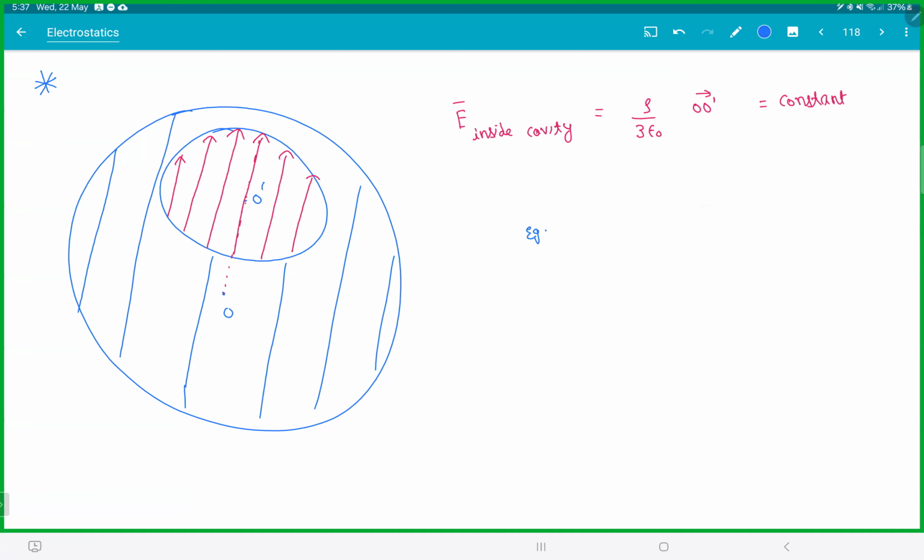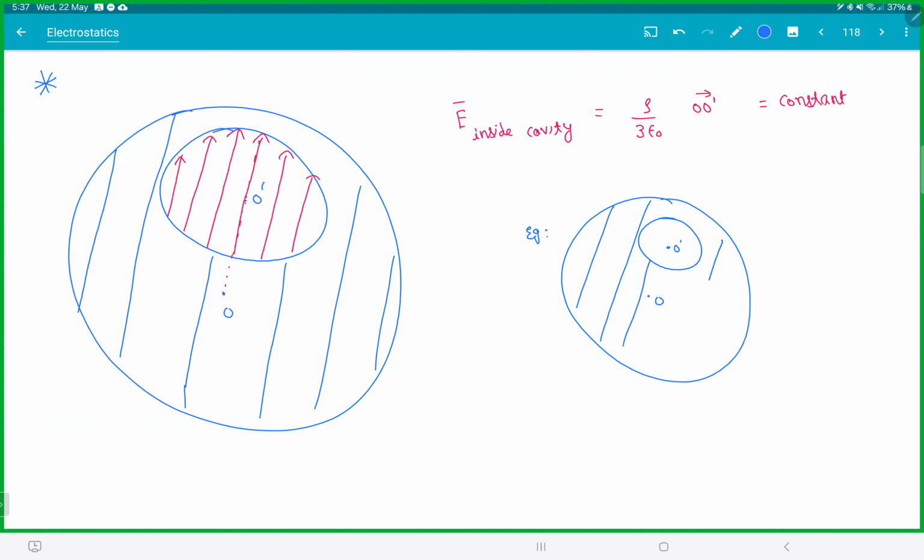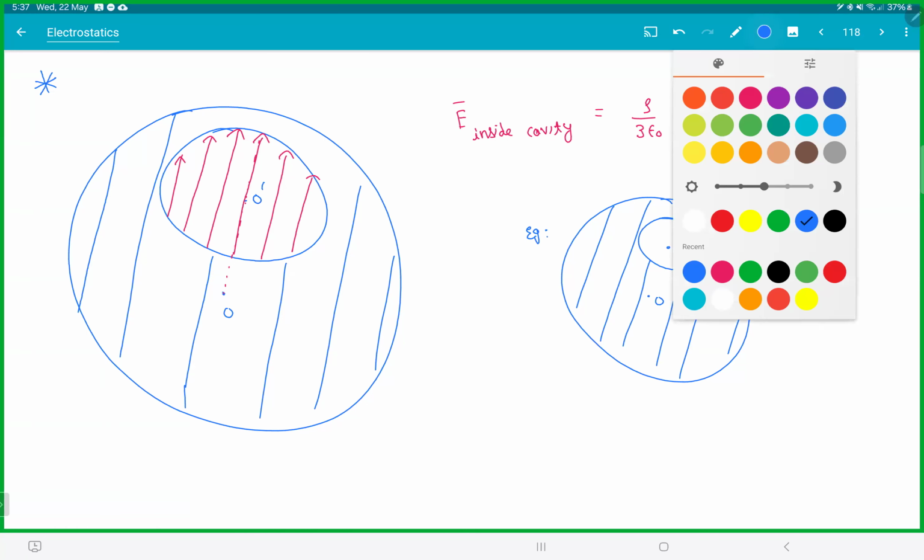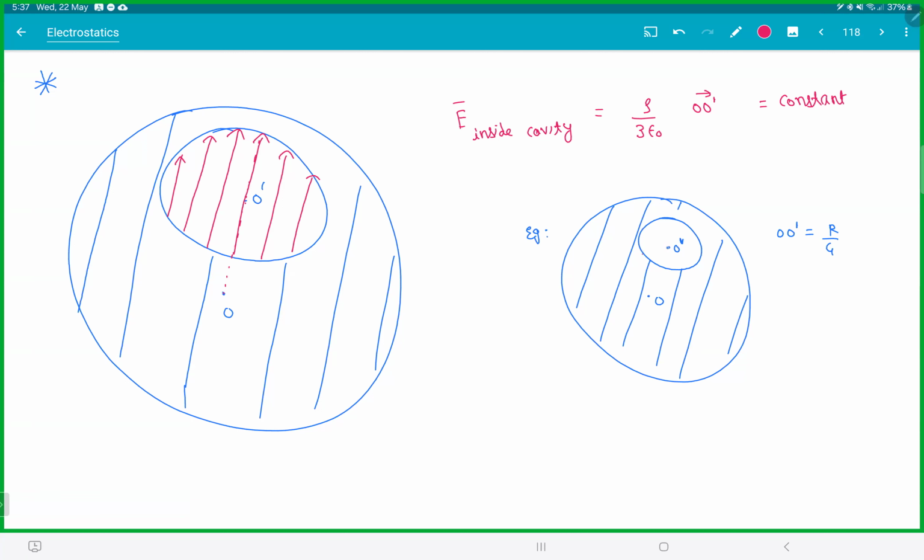Example, let's say this is O, this is O dash, and let's say OO dash is R by 4. Anywhere in the cavity, okay? We have taken a random point P there.